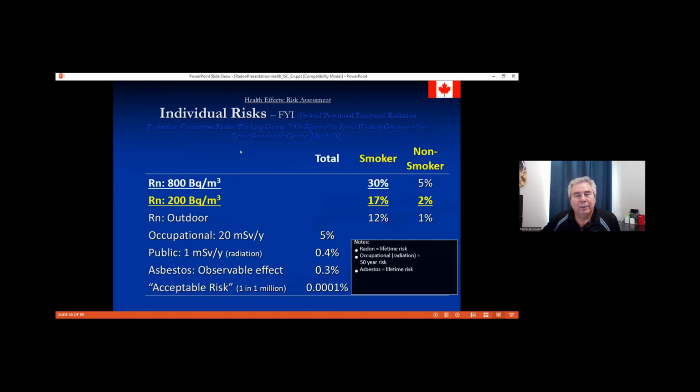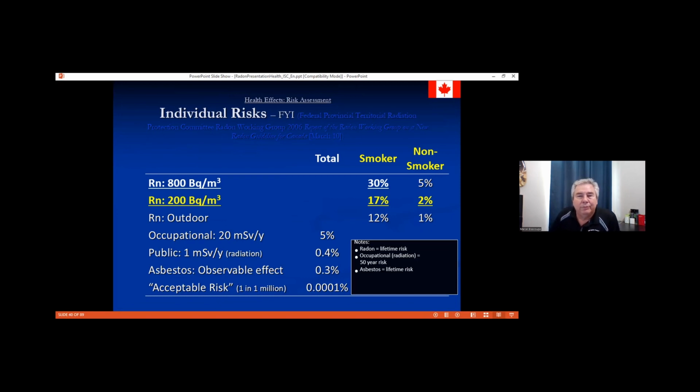Back in 2007 or prior to 2007, the actionable level that was set by Health Canada was 800 becquerels per cubic meter. They reduced that to 200 back in June of 2007. So at 800, what were the chances of somebody getting lung cancer?